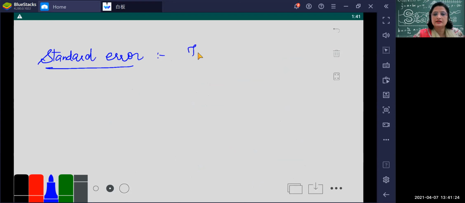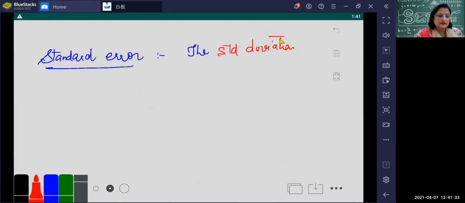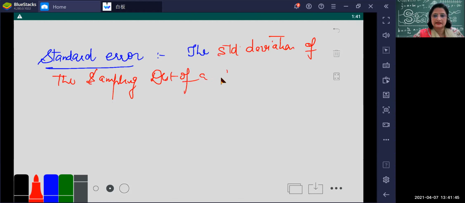So the definition is: the standard deviation of the sampling distribution of a statistic is known as standard error.